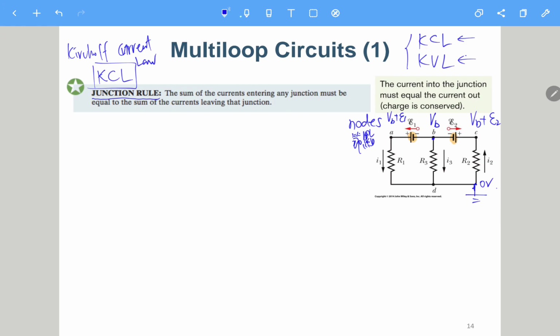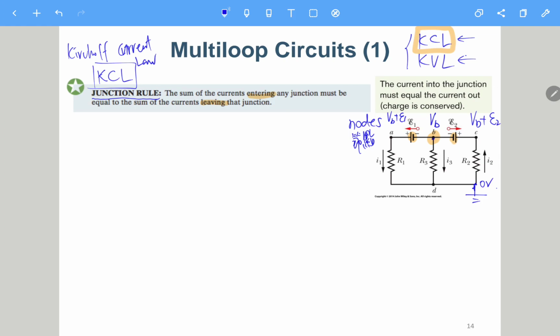Because this is VB, we consider this point, using the KVL to write one equation, because we only have one variable VB, which means we need to write only one equation. As I mentioned, although KCL says the sum of the current entering must be equal to the sum of leaving, usually I will just consider all the current to be going out.